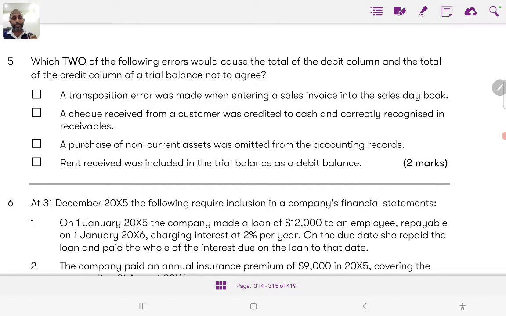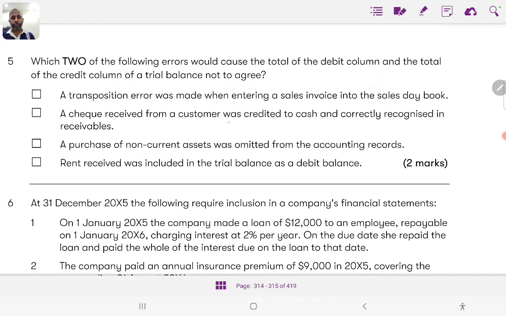You have to understand that the sales daybook has nothing to do with the double entry. So any errors taking place at the sales daybook level will not have an impact on the double entry, which means there is no impact on the trial balance. So that will not be an answer.